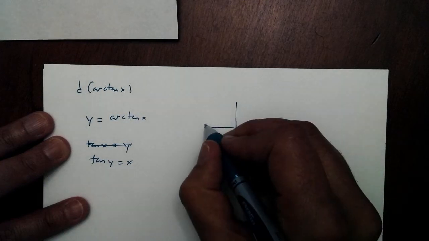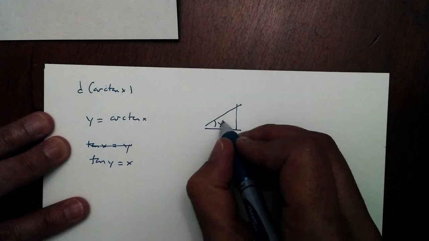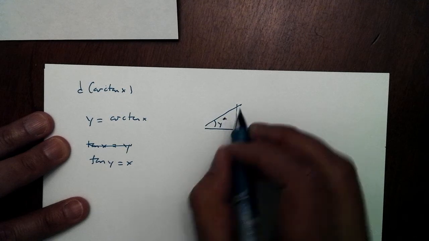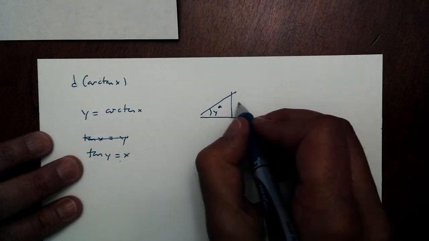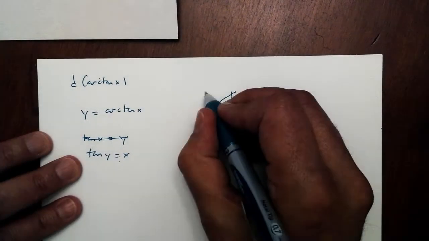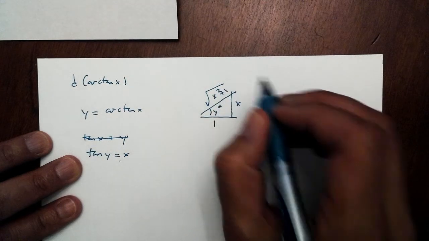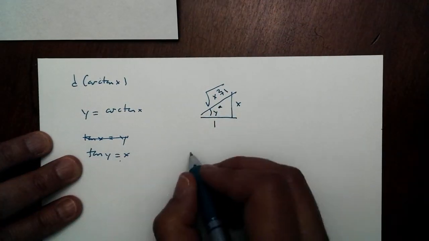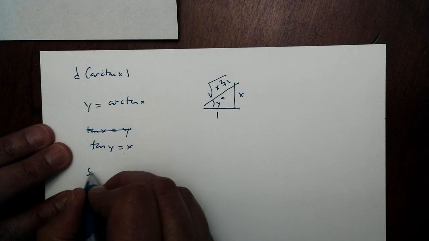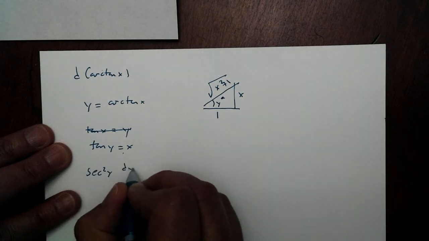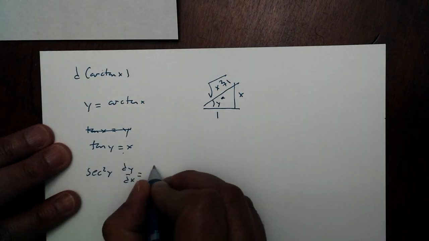So if I look over here, my right triangle, there's my angle y. Tangent is the opposite over the adjacent, and the hypotenuse is the square root of x squared plus 1. So taking the derivative, this is secant squared y, dy dx equals 1.